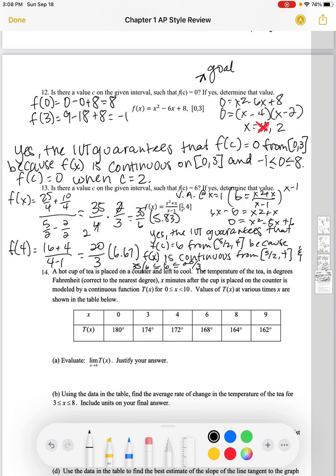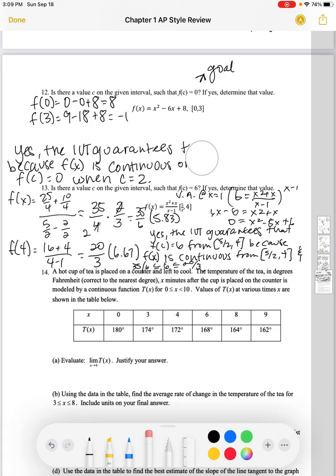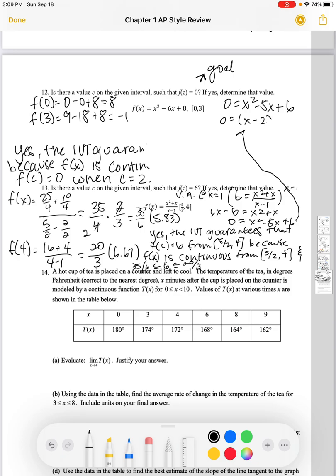I'm out of room here. I'm just going to go ahead and erase some of this from the other problem. Draw an arrow up here. All right. So I have 0 equals x squared minus 5x plus 6. This is going to factor to x minus 2, x minus 3, to give me an answer of 2 and 3.